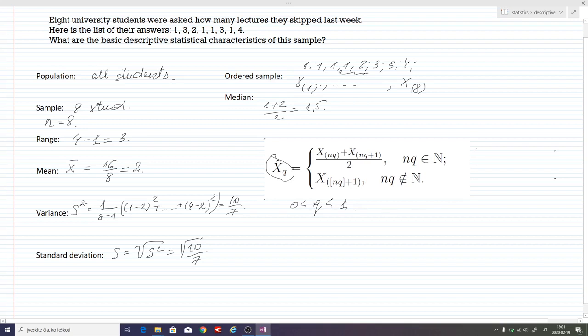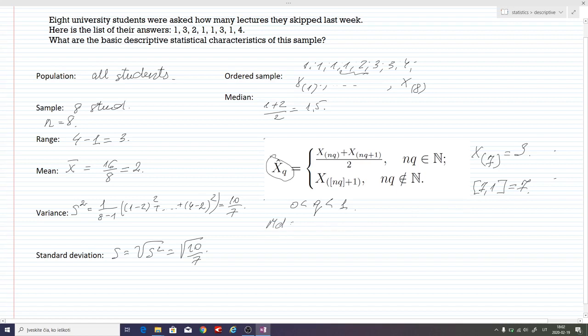X with a subscript in the brackets is the value from the ordered sample with the position indicated in the brackets. For example, the 7th value from the ordered sample is equal to 3 in our case. The square brackets indicate the integer part of the value. For example, the integer part of 7.1 is equal to 7.